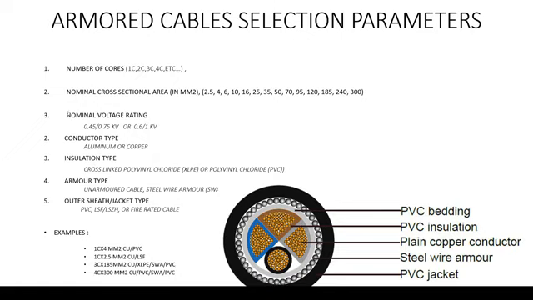Then you would want to specify the nominal voltage rating. So it's either 0.45/0.75 kV, which is a standard annotation for wires. This is usually for the lower current carrying conductors such as light and power wires.